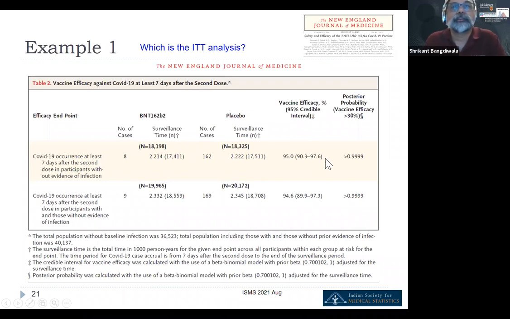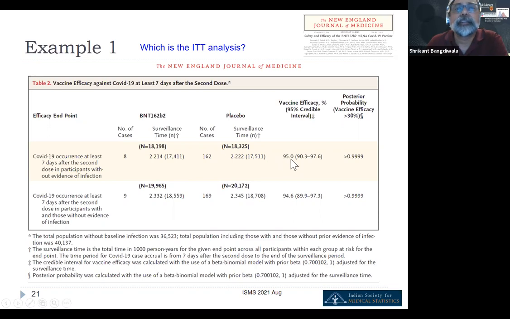It's this top one here, and basically they showed the main result here. Of course, in the vaccine group, they had 8 people that had infection, and in the placebo group, they had 162, and therefore what's reported in the media, the 95% vaccine efficacy.